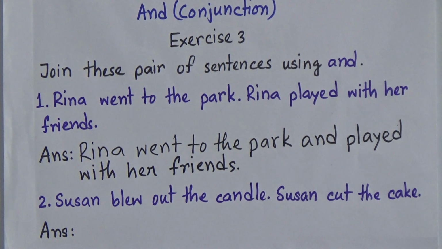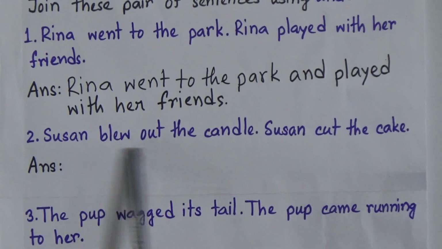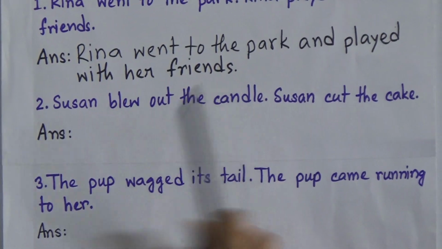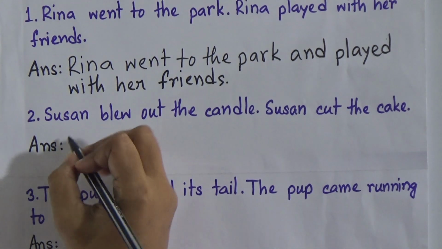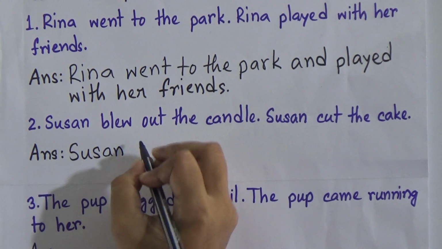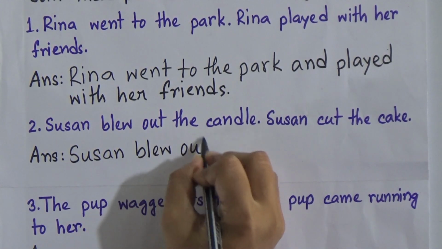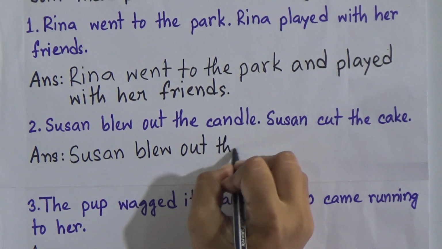Now the second one, Susan blew out the candle, Susan cut the cake, and both the sentences are about Susan. So how will you do it? Yes, at first we will write the first sentence. Susan blew out the candle.